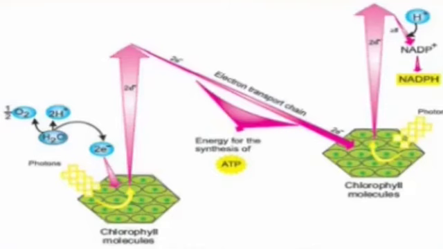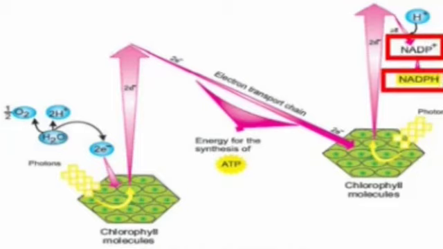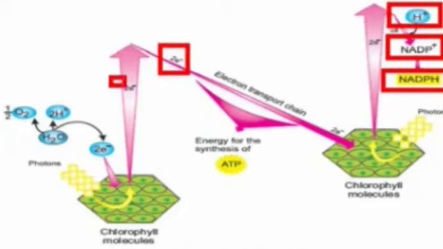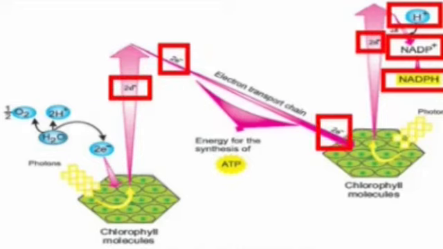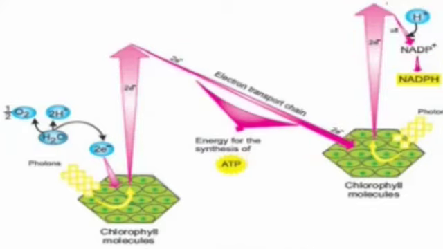As shown in the diagram, after the formation of ATP, the remaining hydrogen ions reduce NADP positive into NADPH. NADP positive has a deficiency of electrons. That's why it takes electrons in the form of hydrogen ions with it and is reduced to NADPH.